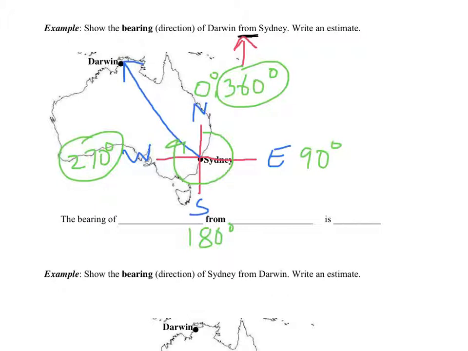So we'd write down the bearing of Darwin from Sydney is somewhere between 270 and 360. Let's just estimate it for this, so maybe 310 degrees, something like that, 315.